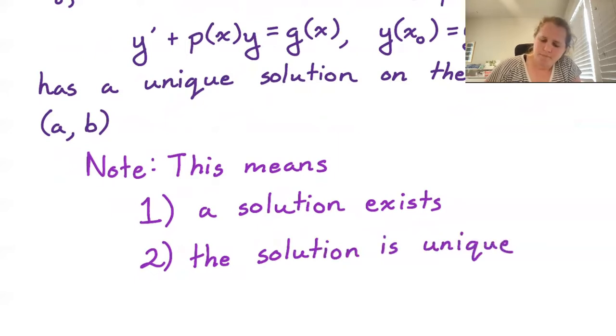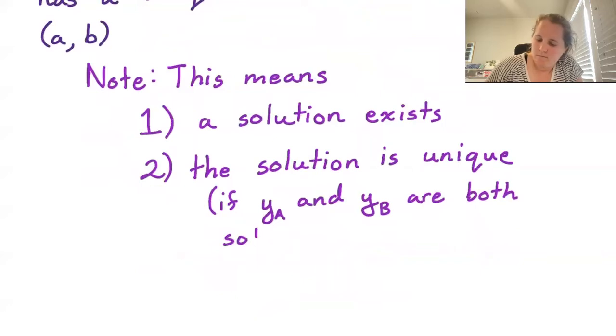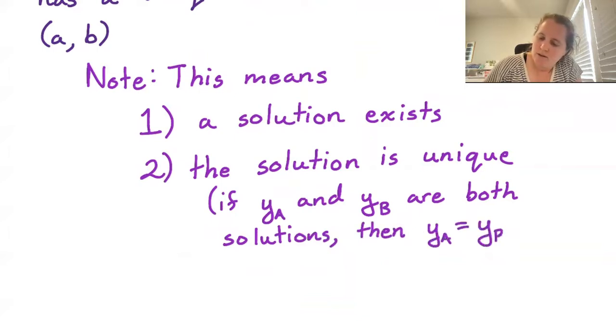So meaning, if ya and yb are both solutions, then ya equals yb on the interval (a, b).